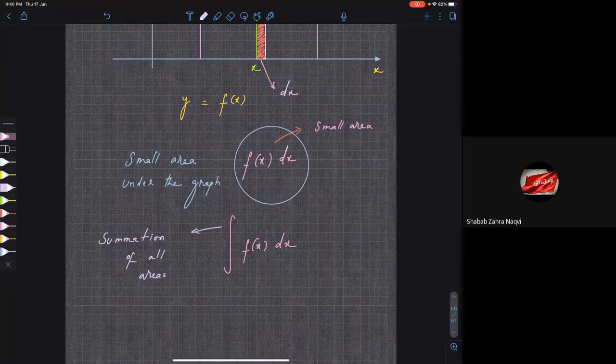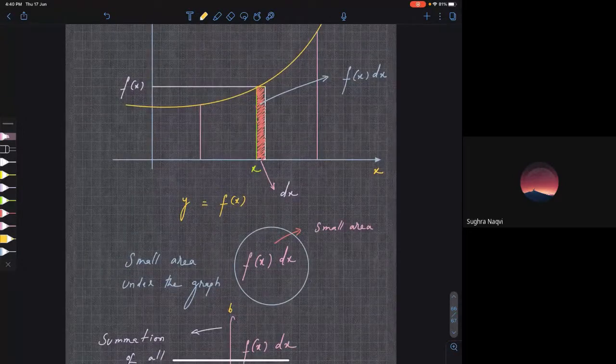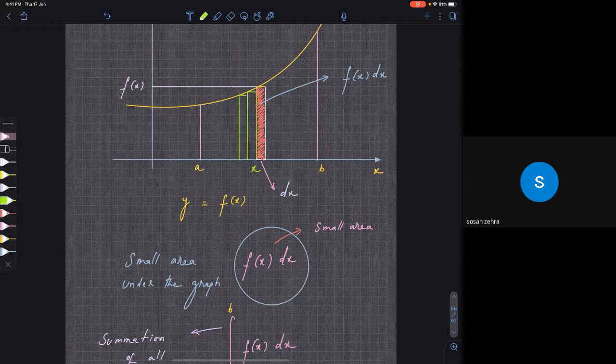And there are limits written here, A and B, which give you the limits of the x value. So here, this is the limit A and this is the limit B. Are you getting my point? If you sum all the areas of all the rectangles like this, you'll have one rectangle here, another rectangle here.